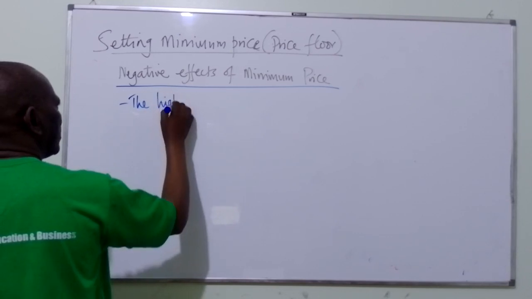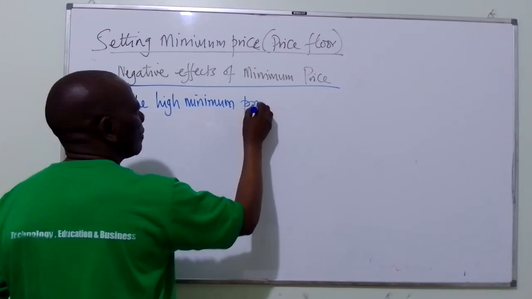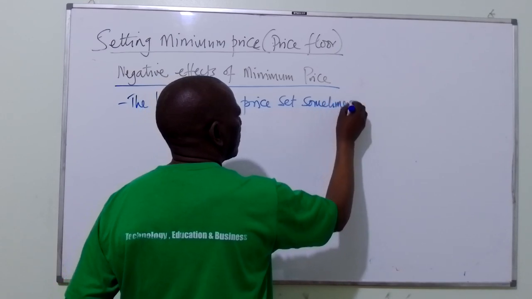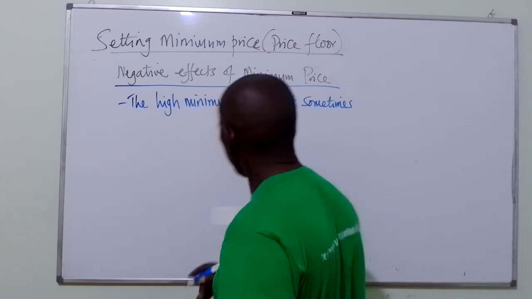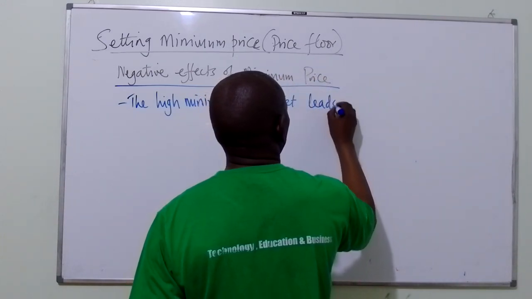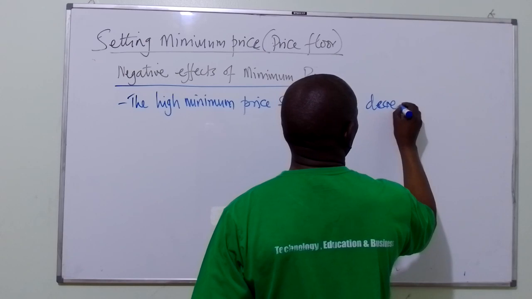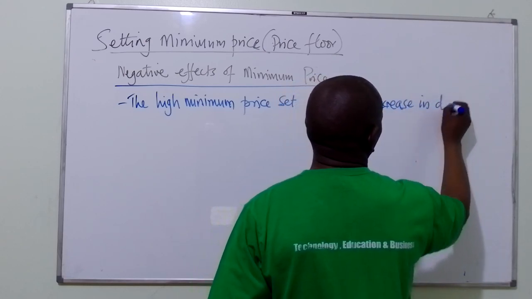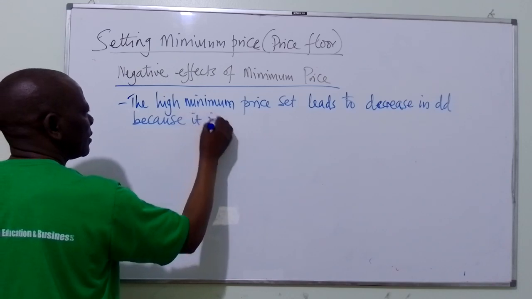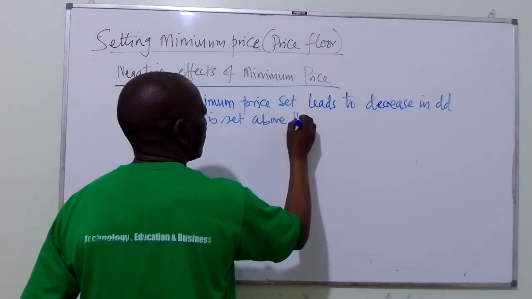The high price, the high minimum price set, sometimes, not sometimes, leads to decrease in demand because it is set above the equilibrium.